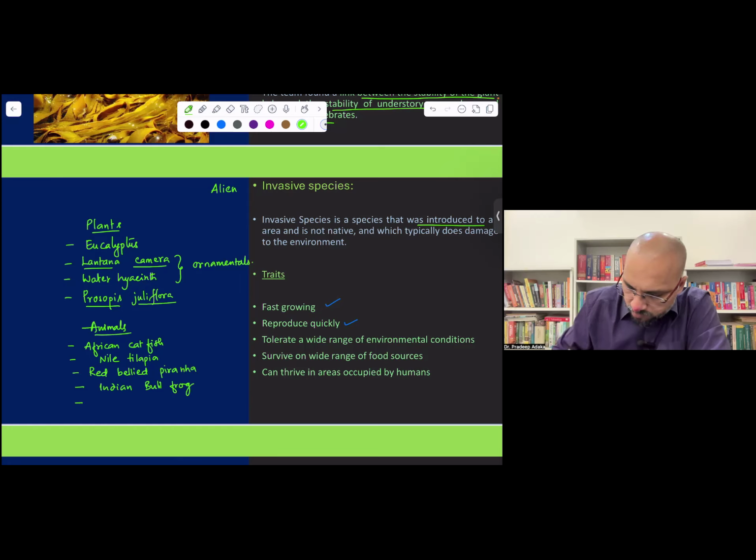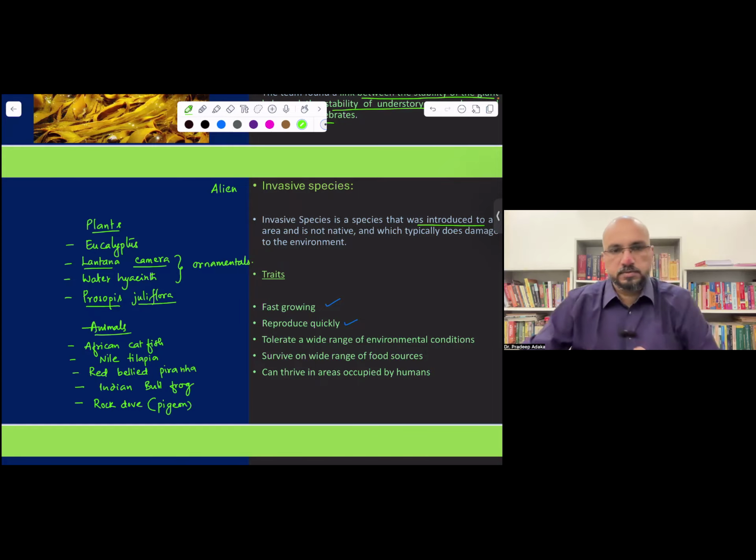Then you have rock dove. Generally जो तुम कबूतर देखते हो, the pigeon, that ash colored pigeon, cement colored pigeon that you see, that is a rock dove pigeon.